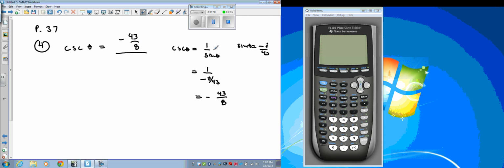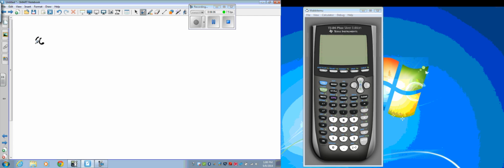So the answer is that, and we're using this identity. What identity would we use in number 6? We want cotangent, and it's giving us tangent, right? So cotangent is 1 over tangent.